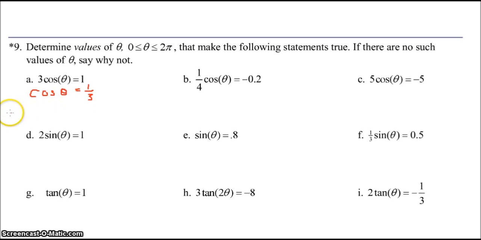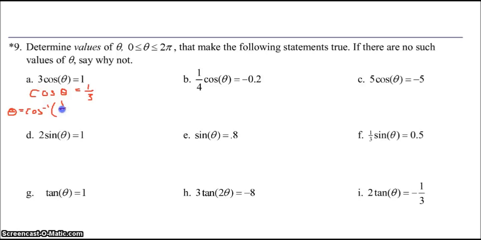If we look at the inverse cosine of 1/3, that tells us one particular angle theta where the horizontal distance is 1/3, and there's another one though down here.